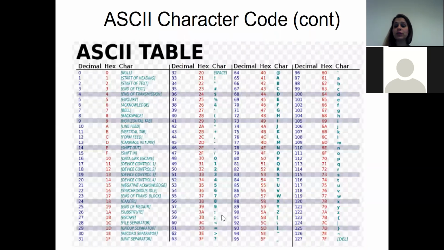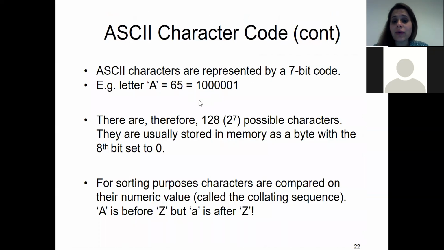This is the ASCII code. You can see, for example, if I want to represent letter A, where is A? This is A. Do you see? This is uppercase A, and it is 65 in decimal. You can convert it to binary, and it's going to give you this number in binary.